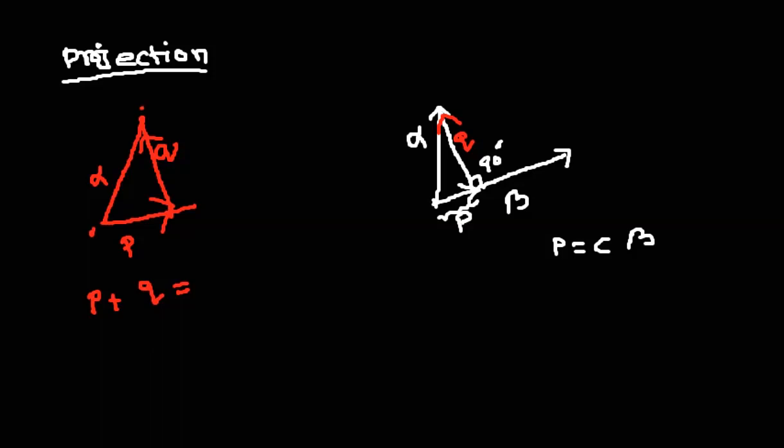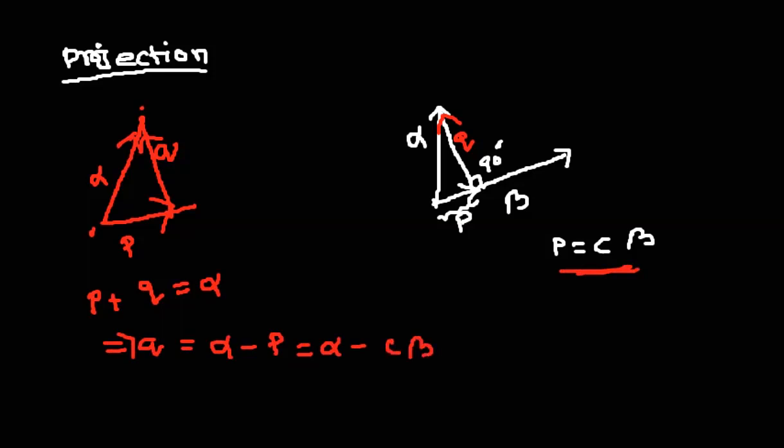He can go in two ways. He can go the direct way along the line of alpha, or he can go towards P and then towards Q. This is going to be the same. So P plus Q is the vector alpha. From there you can find that Q is alpha minus P. Now we know that P is C times beta, so it's going to be alpha minus C times beta.